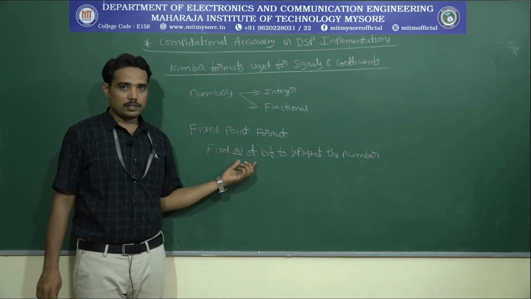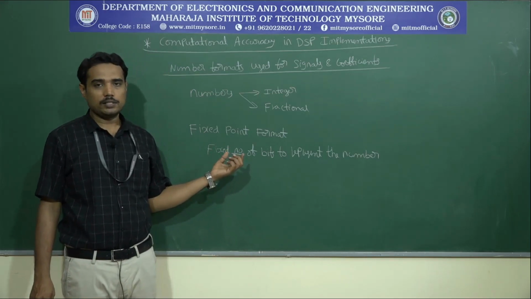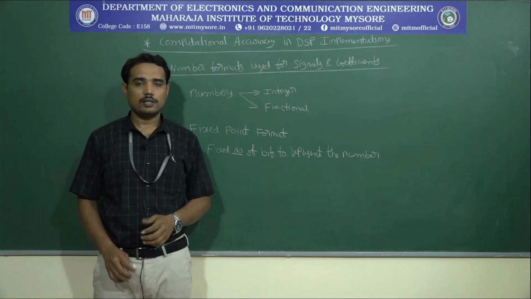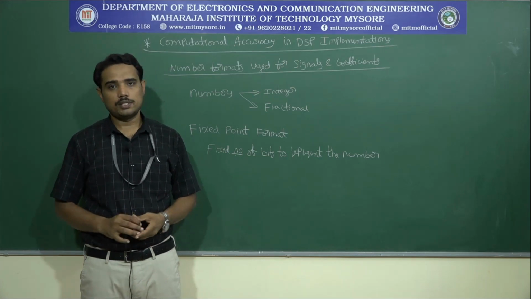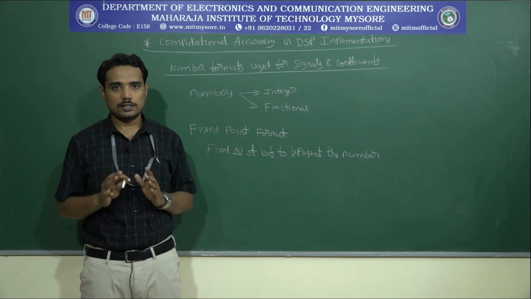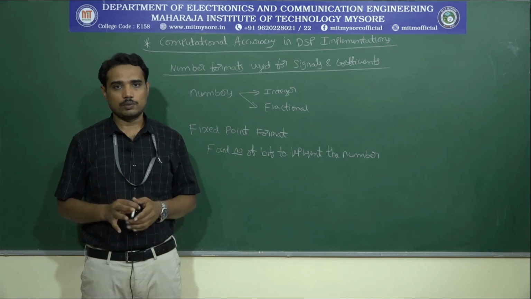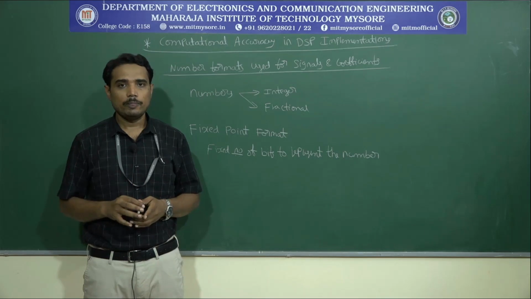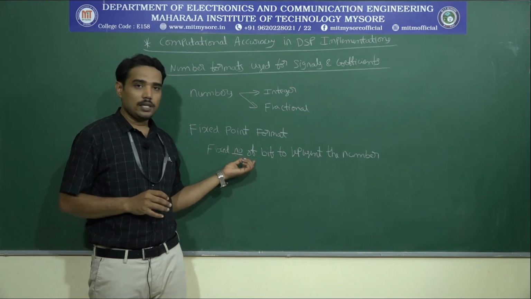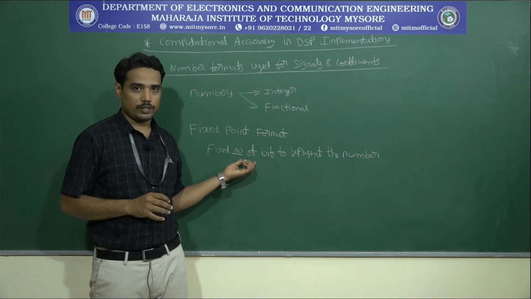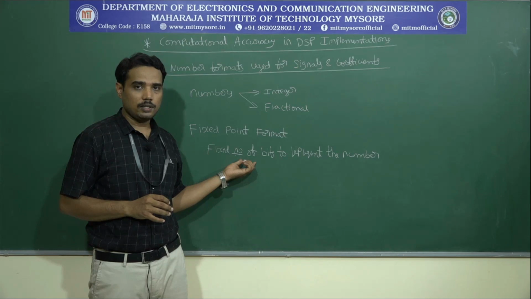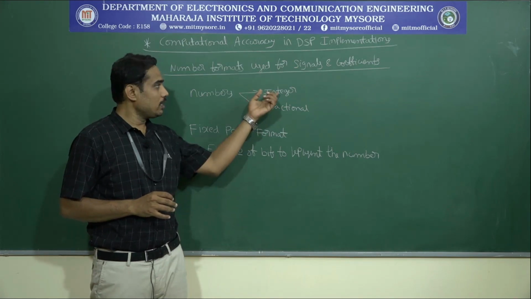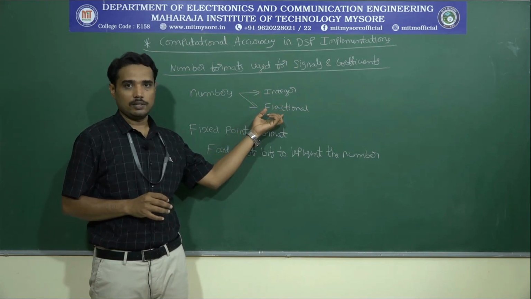The number of bits required to represent a number is fixed. For example, if you are following 8-bit representation, you have to represent the same value within 8 bits only. If you are using 16-bit representation, you have to represent the same value with 16 bits only. That means here the number of bits is fixed. Within that number of bits only, you have to represent the value either in integer form or fractional form.